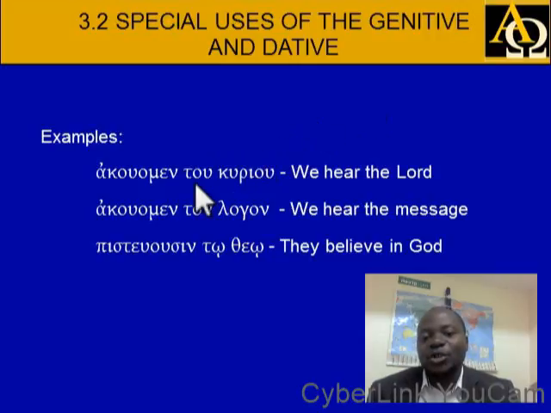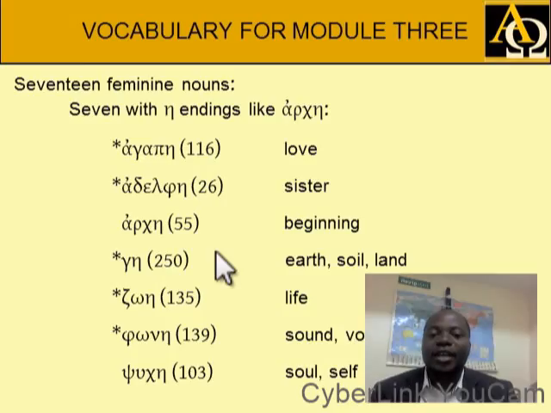So it's a special use of the genitive. Akuomen ton logon, so we hear the message. We hear the message. Pistozin to Theo, they believe in God. They believe in God.